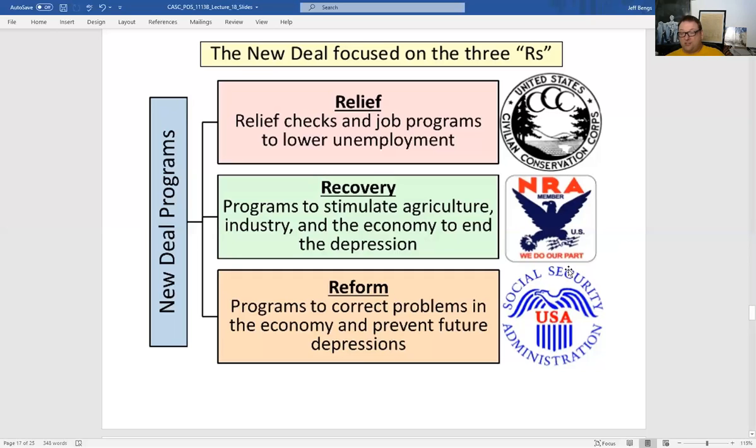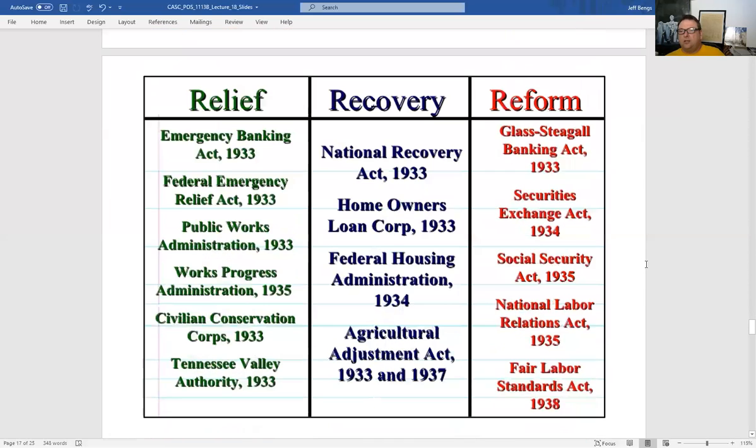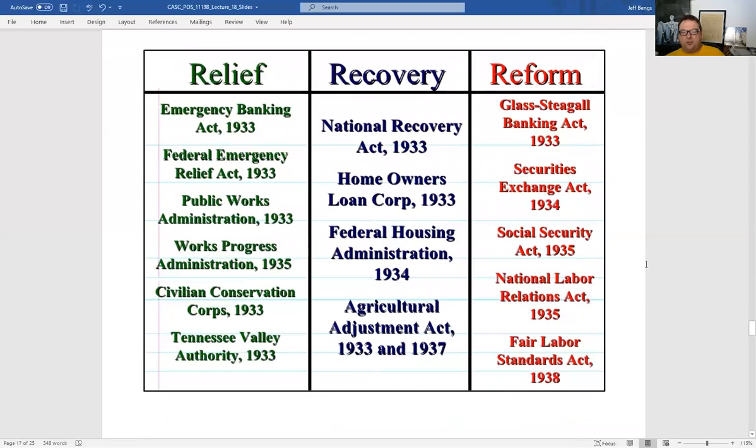The most well-known New Deal program, I would say probably right above the WPA, is the Social Security Administration. People today still pay into Social Security with their paychecks.